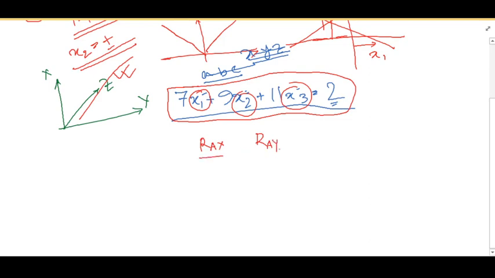These things are variables, and from these variables you will be solving. There was an equation using these variables, like say 7 RAX plus 9 RAY equals 2. This was an equation, as you know.